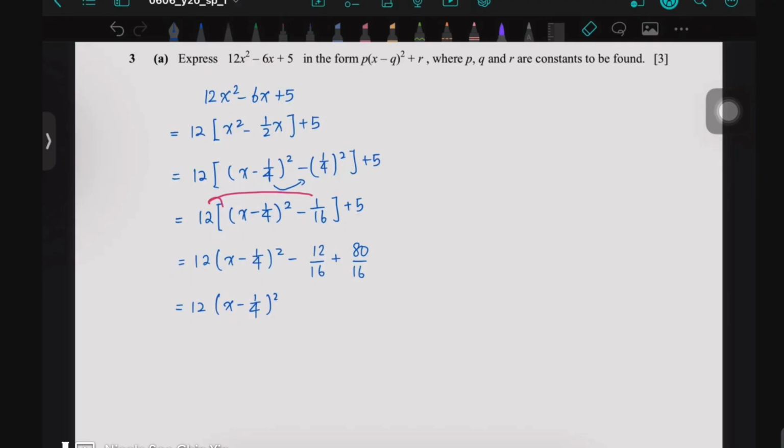Simplified, I get 17 over 4. Okay, done. Then tell me, this is not the crucial one. The crucial one is the down one. Done, please press 1.